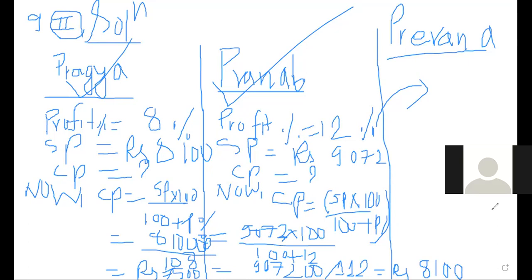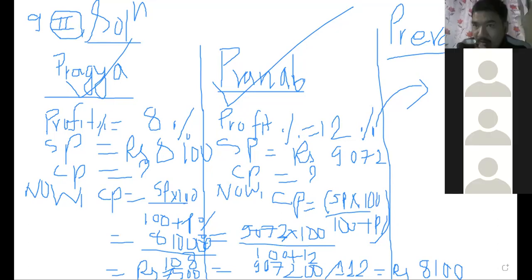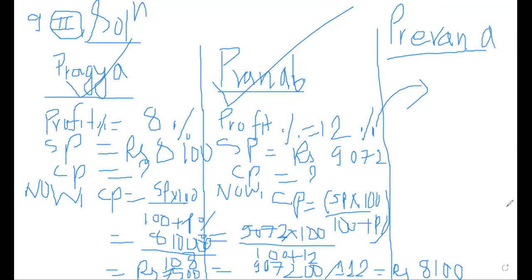Practice them. In question number 9-1 also you can make three columns and solve like this, so that it will be easier. One column for Ram, another column for Rumi, another column for Raj, and solve like this.